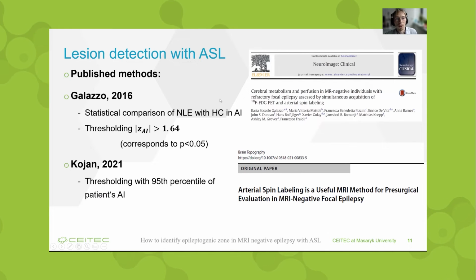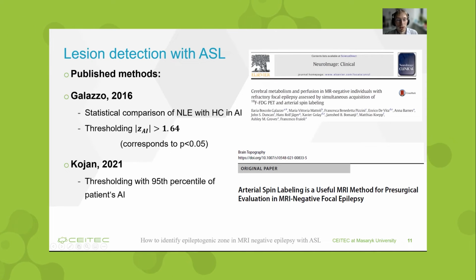There are also published methods where teams needed ASL data for detection of the epileptogenic zone. We found two methods, from the team of Galazzo and from the team of Koyan.